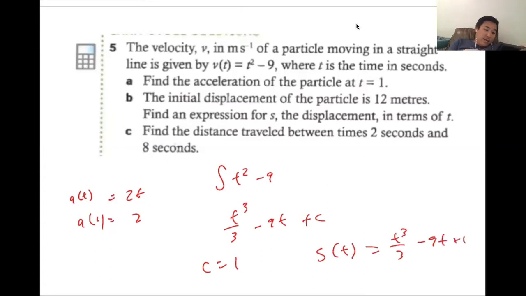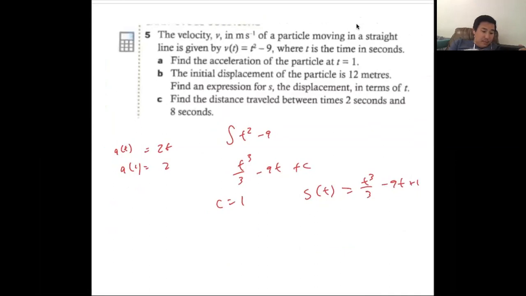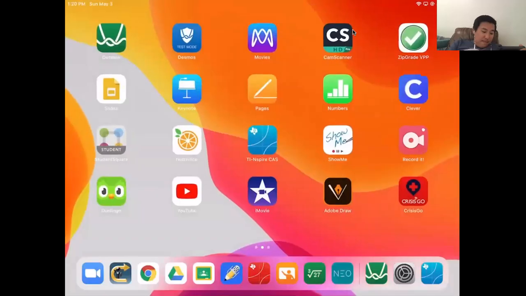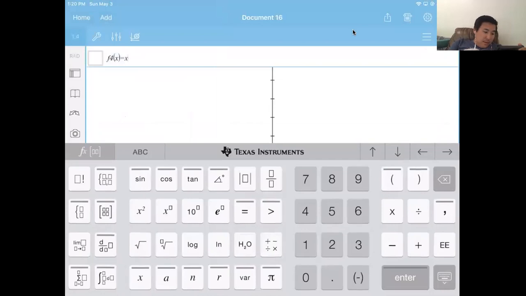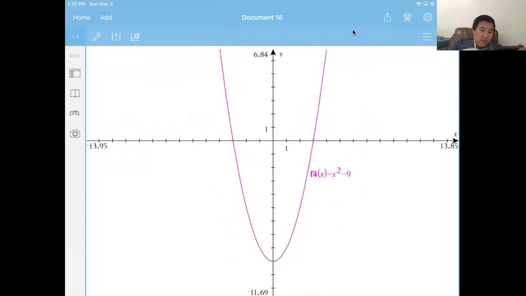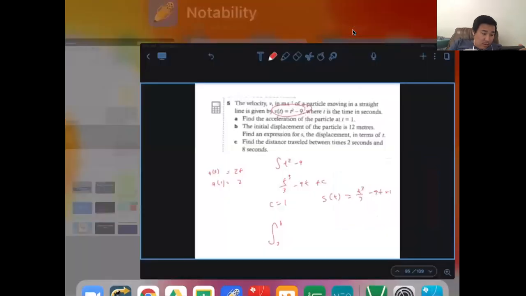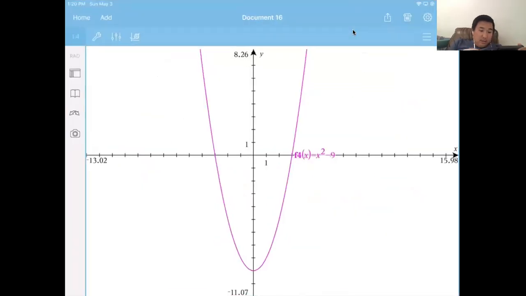And the distance traveled between the time 2 seconds and 8 seconds. First, let's graph this, t squared minus 9. So you want from 2 seconds to 8 seconds. So I think it's going to be totally fine.